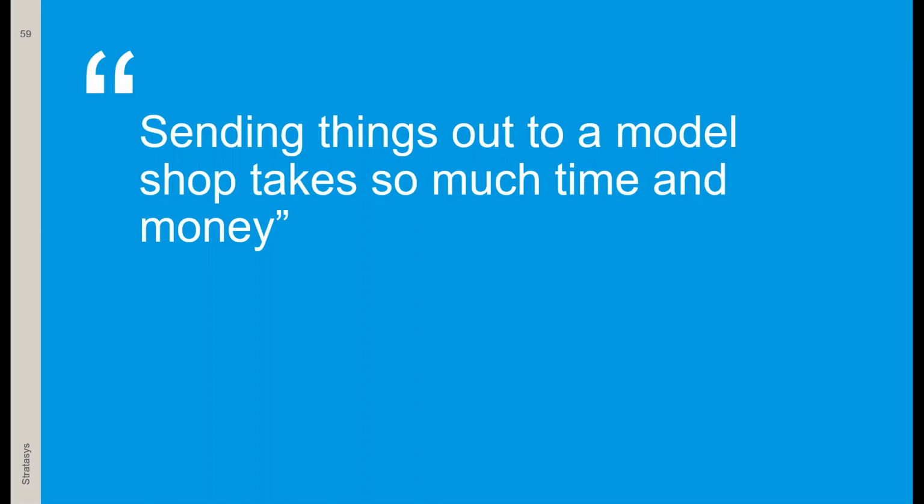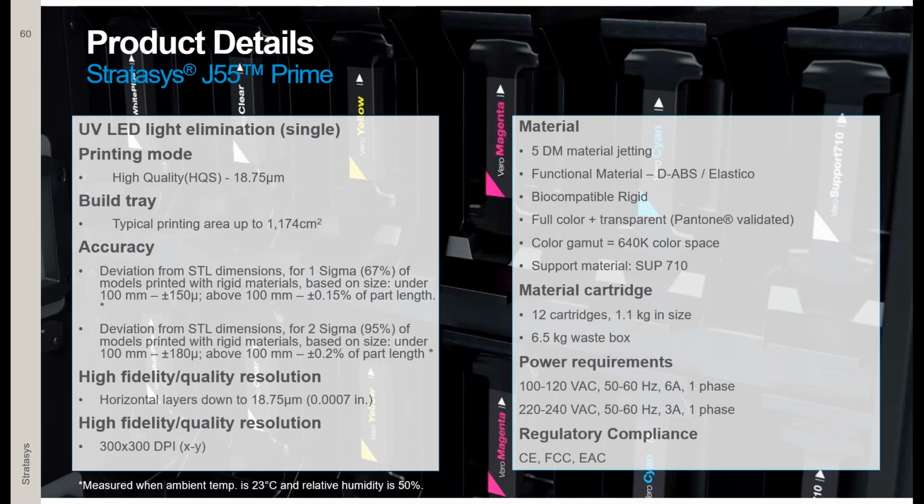More importantly here, let us also look at what a model shop takes. It takes a huge amount of time, right? So what do the product details of the J55 constitute? A single layer thickness, which we call high quality layer, is 18.75 microns.